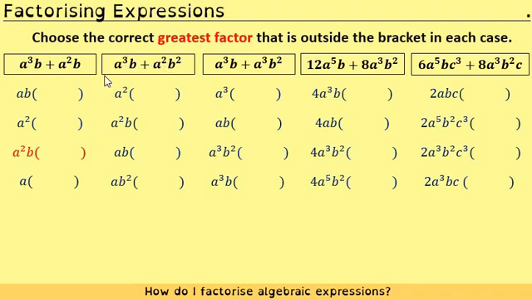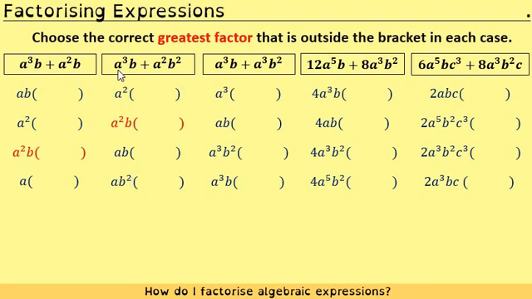The next one, let's look at the correct answer first actually. The correct answer here was a squared b as well. So let's think about why the others are wrong. Again, because we've got a's and b's in both terms, we should be seeing a's and b's outside the bracket. That's why the first one was wrong. Now let's think about why the other two are wrong.